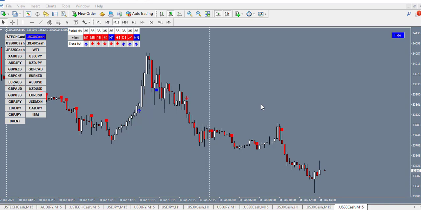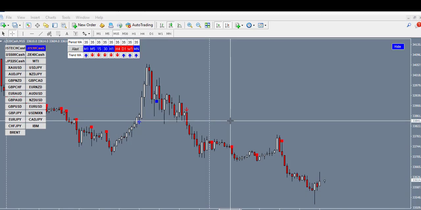So the number 1 indicator we are going to make use of is this indicator here that has this alert, trend MA, and the period MA. And the second indicator is this indicator that gives us this square and this red and blue arrow. So let's dive in and let me show you how to use this particular indicator.